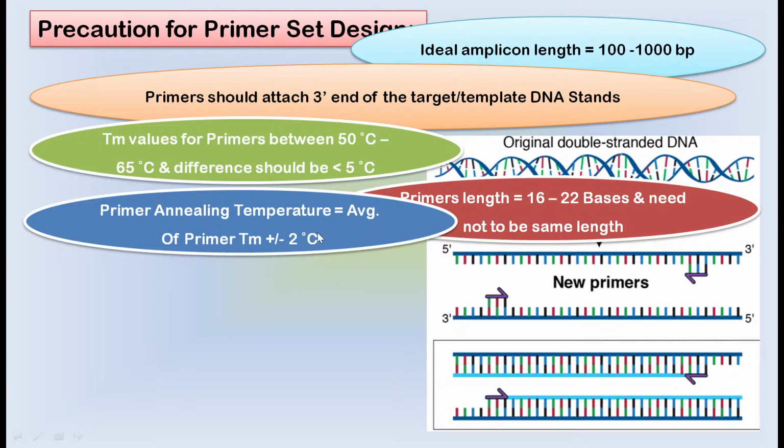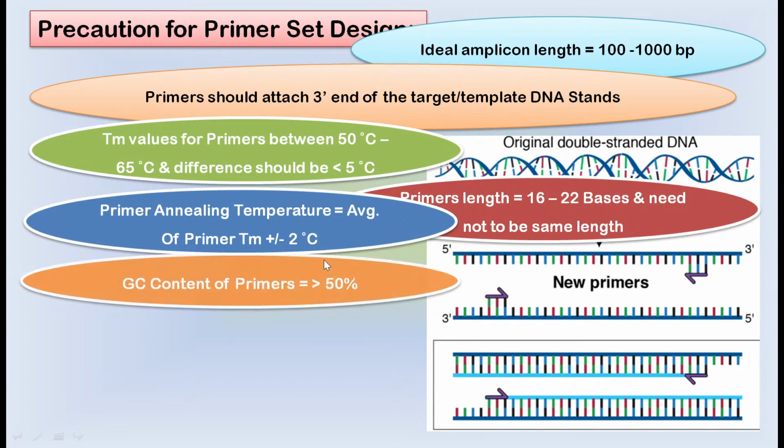So if you run the PCR, you need to put 61 or 59 or 63. So the average of the TM values plus or minus 2, either 2 degrees centigrade less or 2 degrees centigrade more, or the exact average temperature, we can put as the annealing temperature during PCR running.